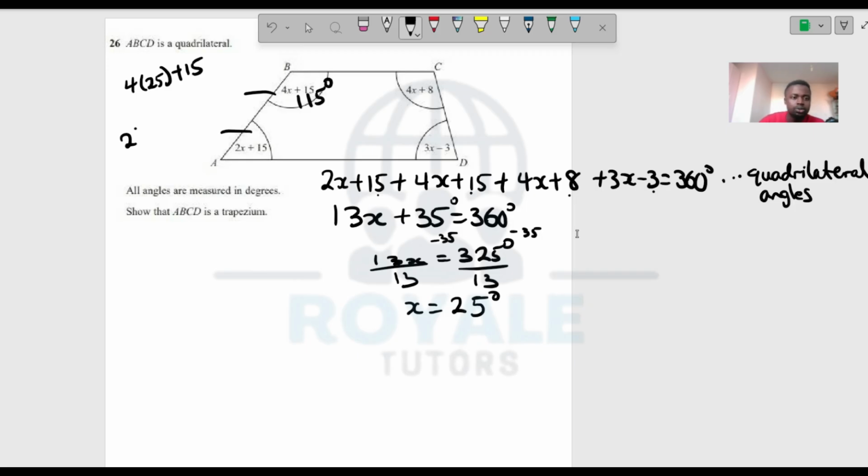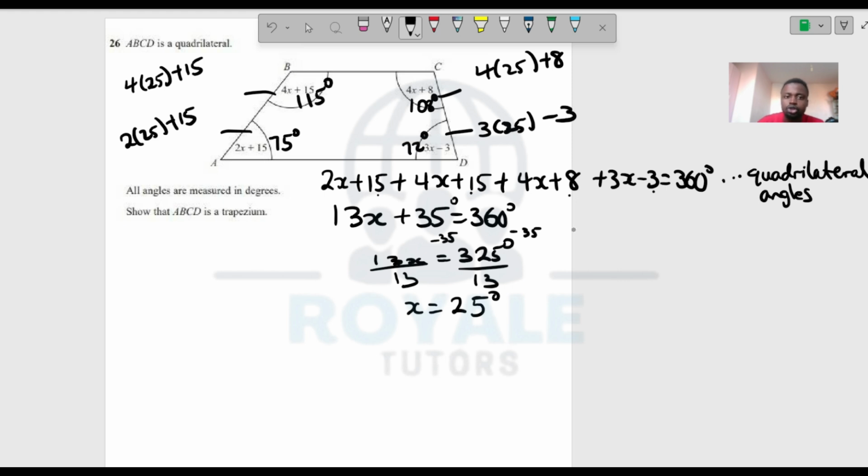Then here, 2 times 25 plus 15, that's 50 plus 15, that's 65 degrees. Then here, 4 times 25 plus 8, that's 100 plus 8, which is 108 degrees. Then here, 3 times 25 minus 3, that's 75 minus 3, that's 72 degrees.